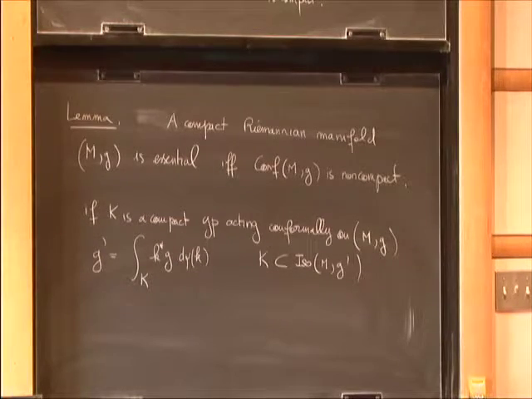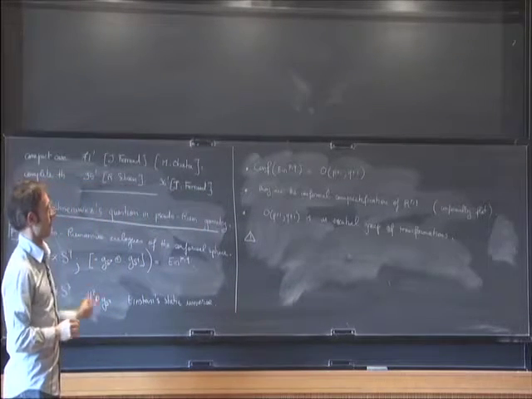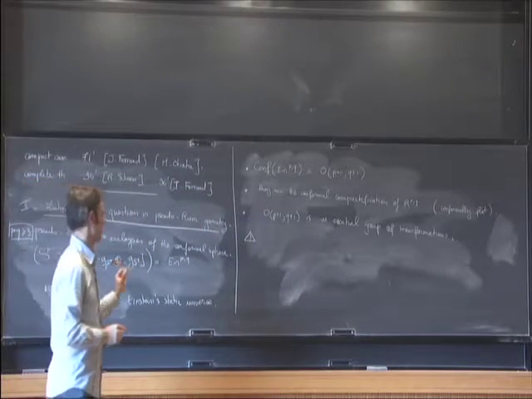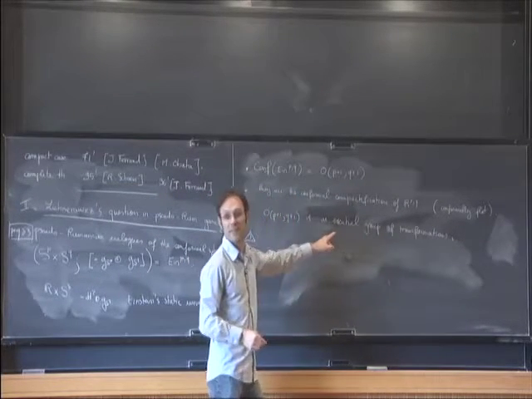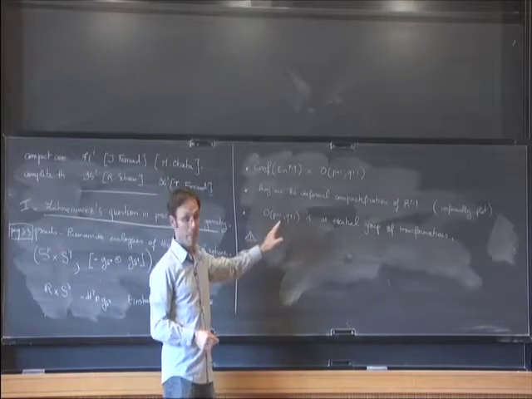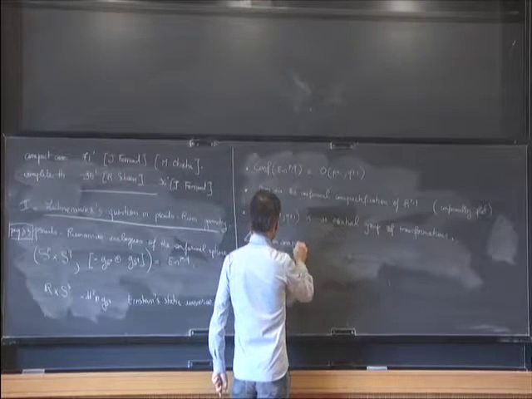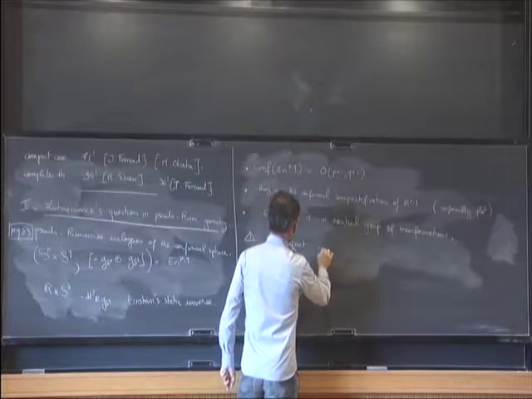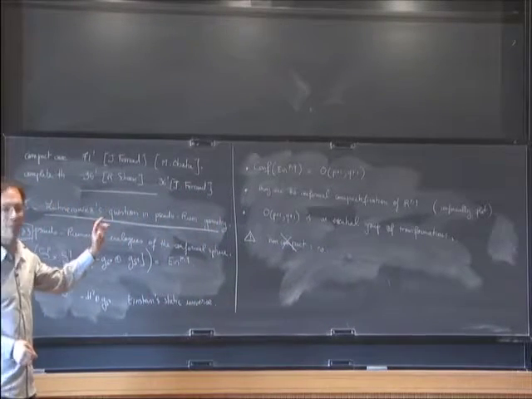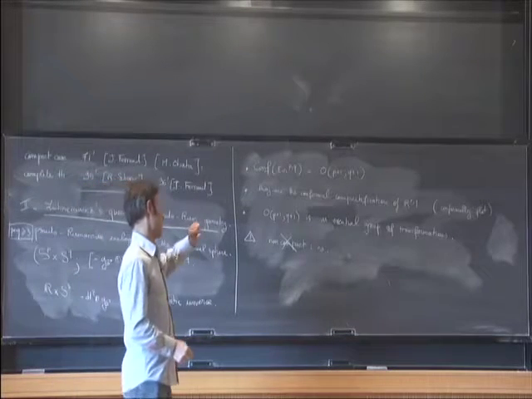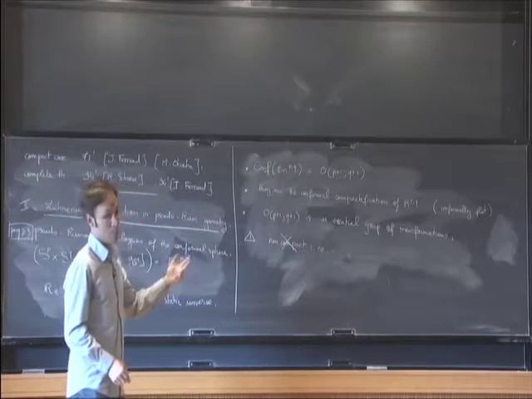So here there is a little point that I have to stress. The situation is different from the Riemannian case because a wrong answer to show that this group is essential would be to say it's non-compact. That's not a good argument. It's true, but it does not prove that it is essential, because in pseudo-Riemannian geometry, you can have compact manifolds with already non-compact isometry groups.